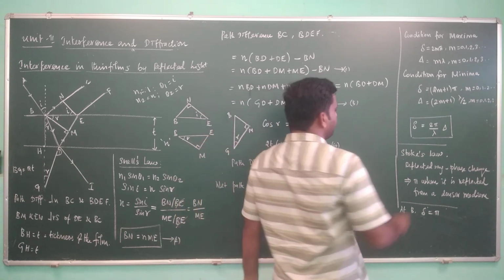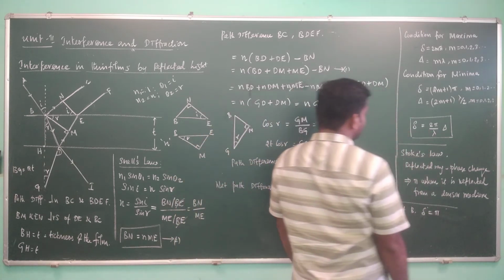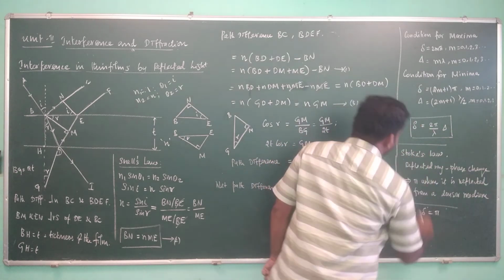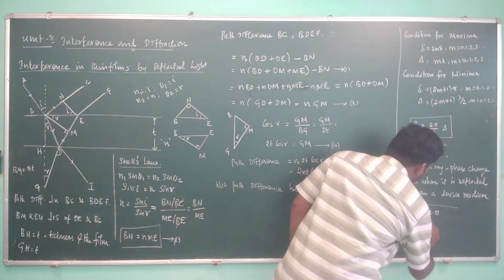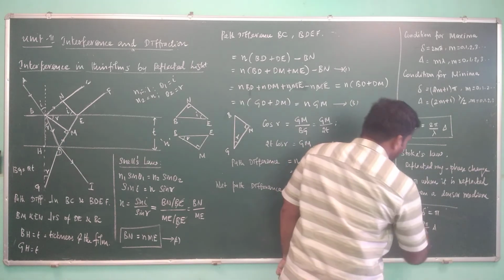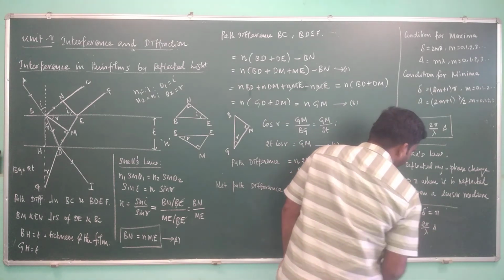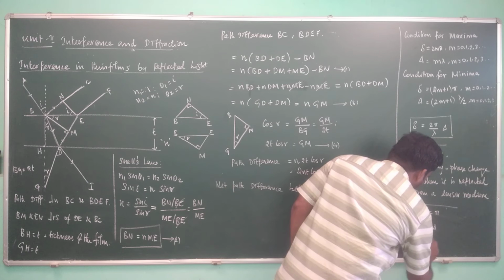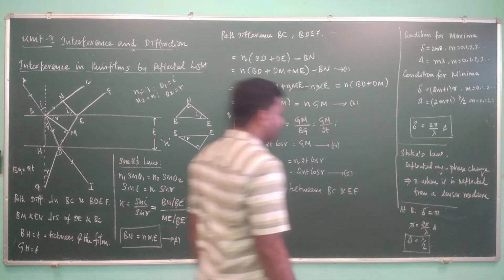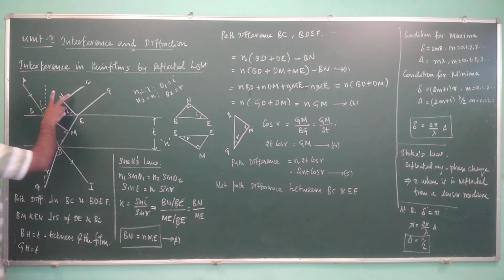If you substitute in the relation between path and phase difference, pi is equal to 2 pi by lambda into delta, or you can write delta is equal to lambda by 2. So this reflected ray BC has a path difference of lambda by 2 when compared with the incident ray.